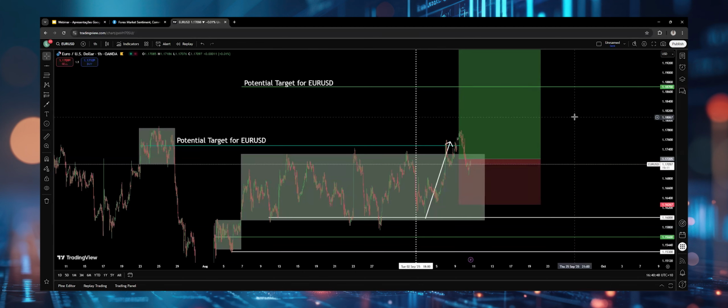So she may have some different ideas that can lead to a depreciation of the euro. But the US dollar is still very bad. So in a sense, I do believe that euro dollar can possibly climb up to 1.18700 in a very soon manner.